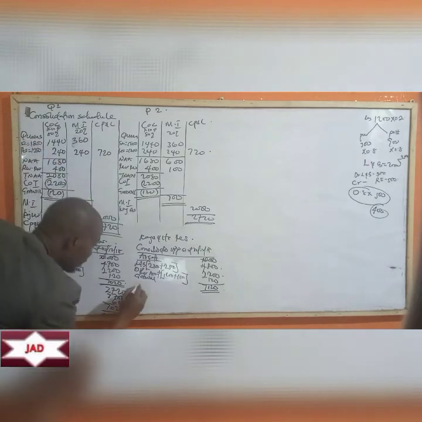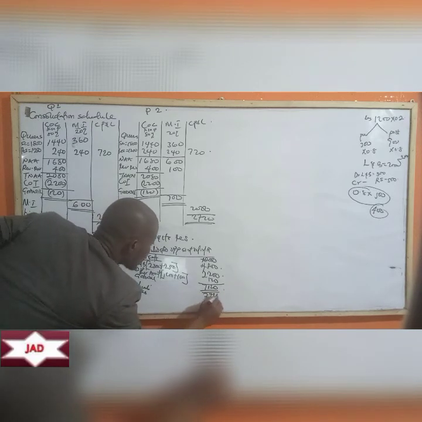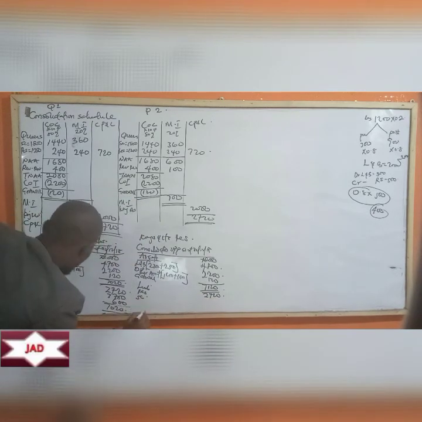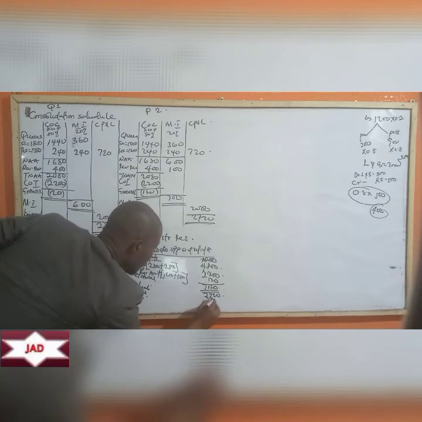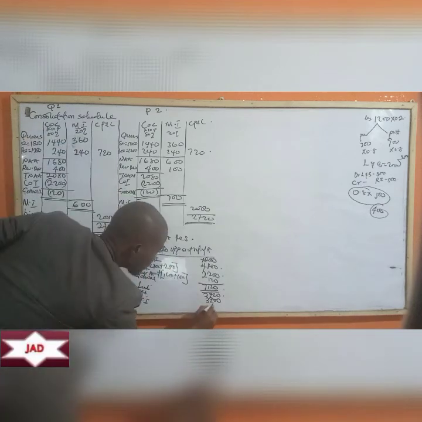So what do we have now? Liabilities now. Our reserve is 2,720. Share capital is 3,700. Minority interest will be 700.